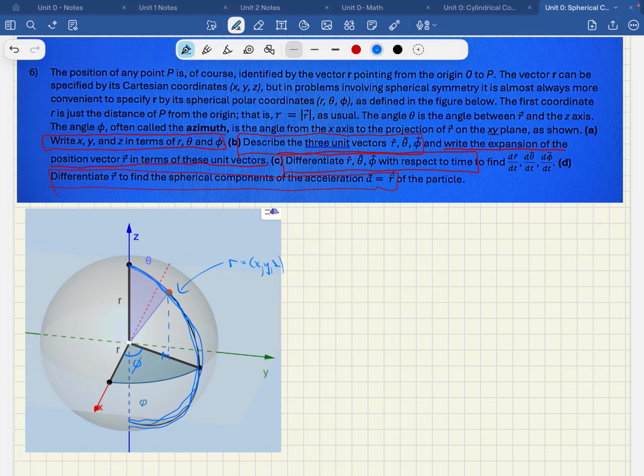And you can imagine as we change phi, we would change where that arc ends up on the sphere. And then theta says, all right, we're going to start at the z-axis and we're going to move along that arc until we've covered an angle theta, and that's the point we end up at. Okay, so those are how r, theta, and phi are defined in spherical coordinates.